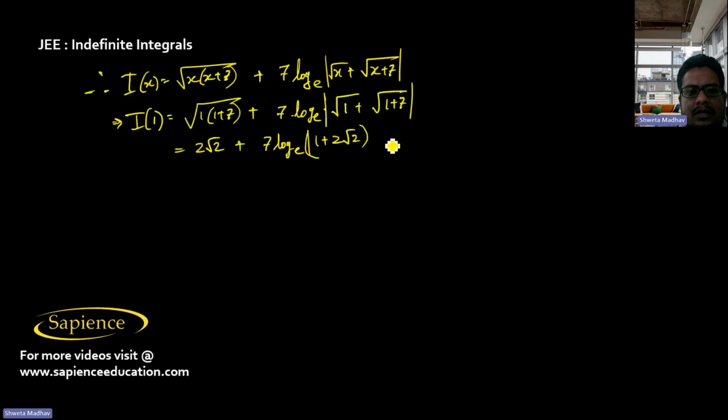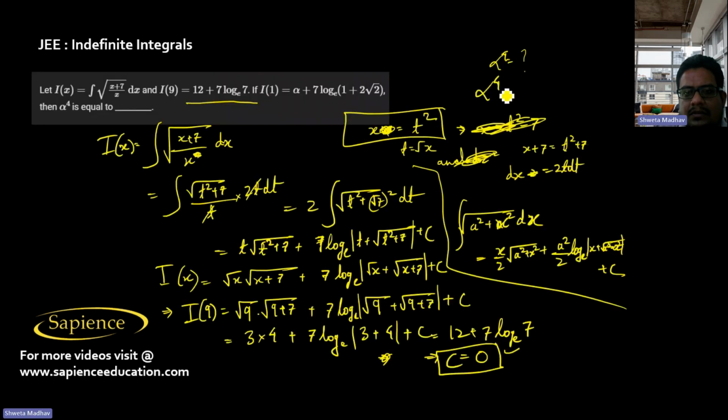Therefore, this is equal to alpha plus 7 log base e 1 plus 2 root 2. So therefore alpha is equal to 2 root 2, or I can say root 8. So now alpha power 4 will be root 8 power 4, which is equal to 8 square, which is 64. So 64 is the answer.